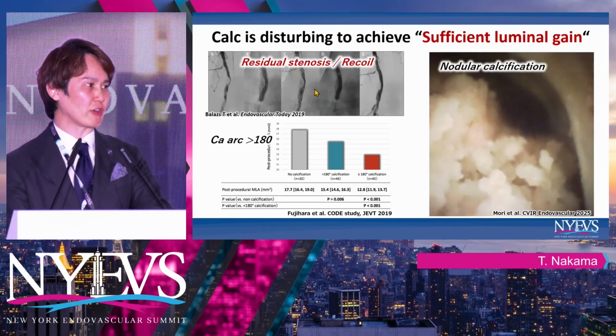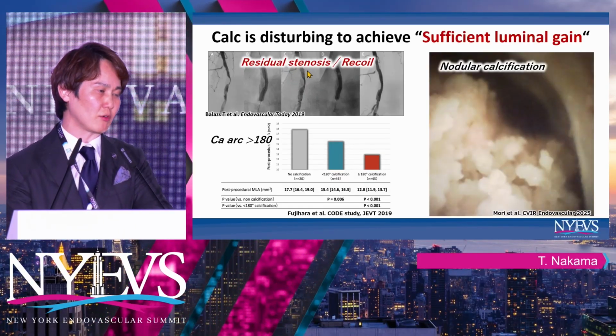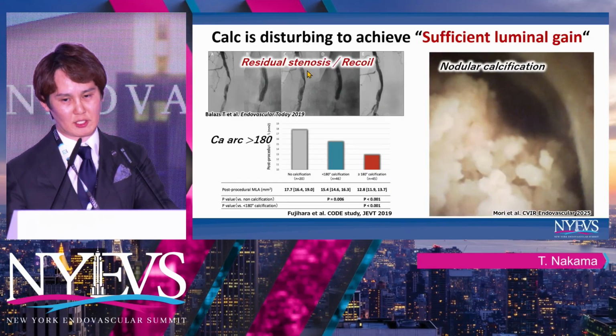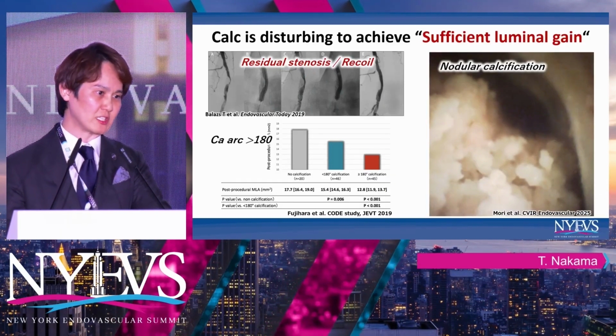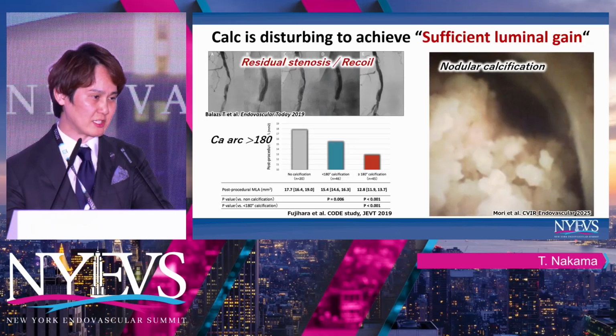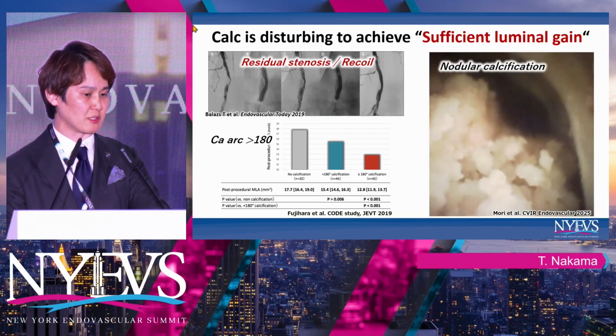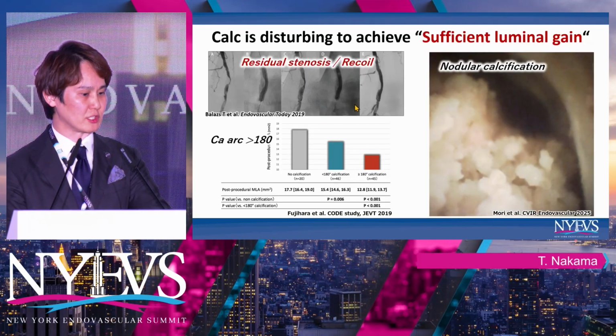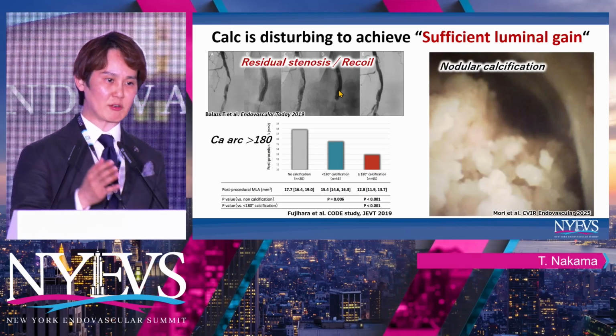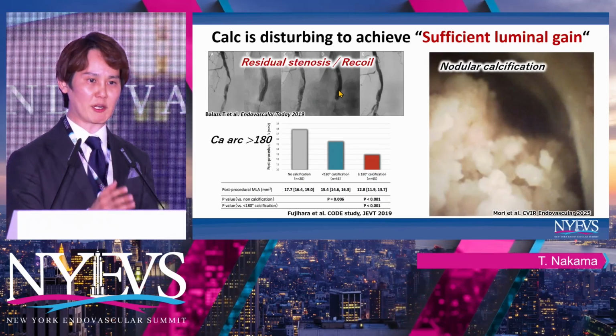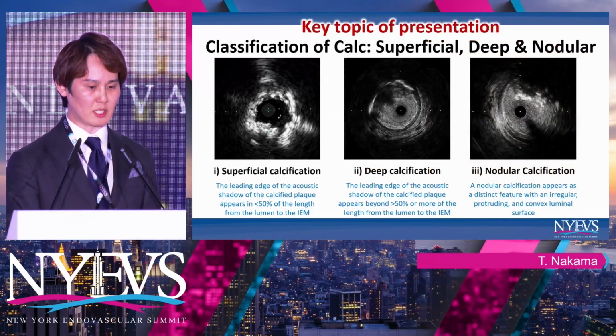Calcium is a strong enemy for lesion preparations. Of course, some dense fibrous plaque is sometimes very difficult to expand, but calcium is the strongest enemy for lesion preparation. There were several evidences about the evaluation of calcified plaque.